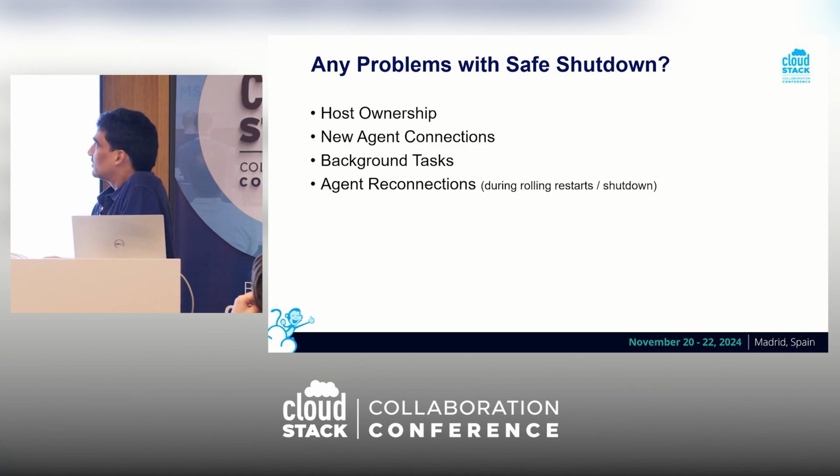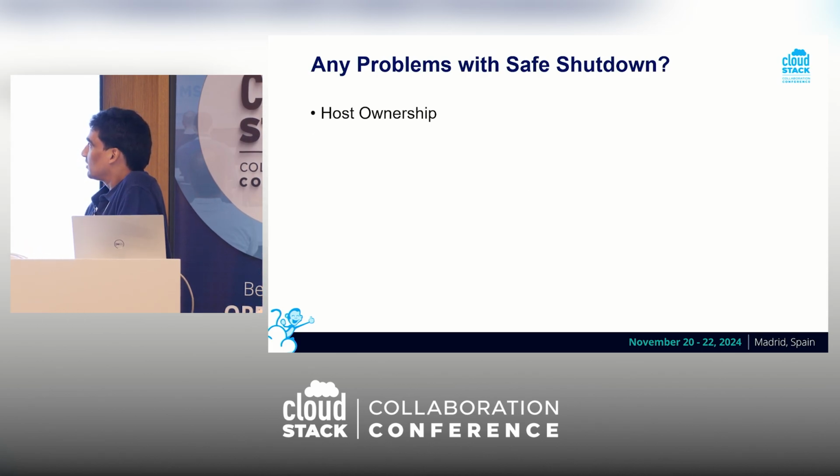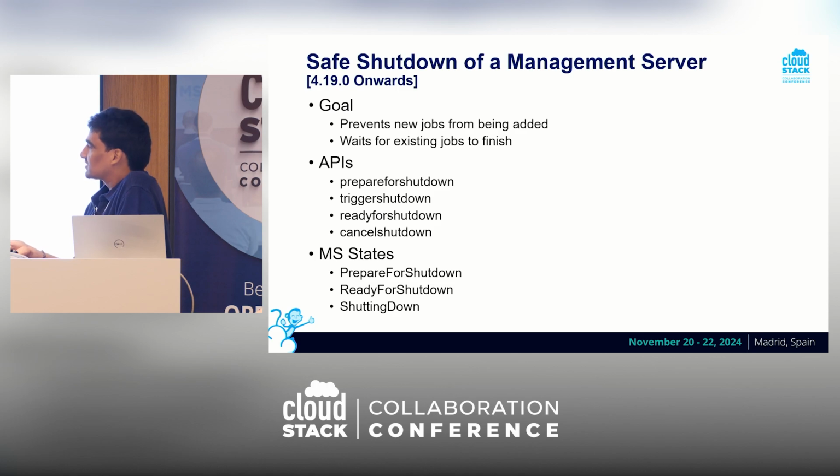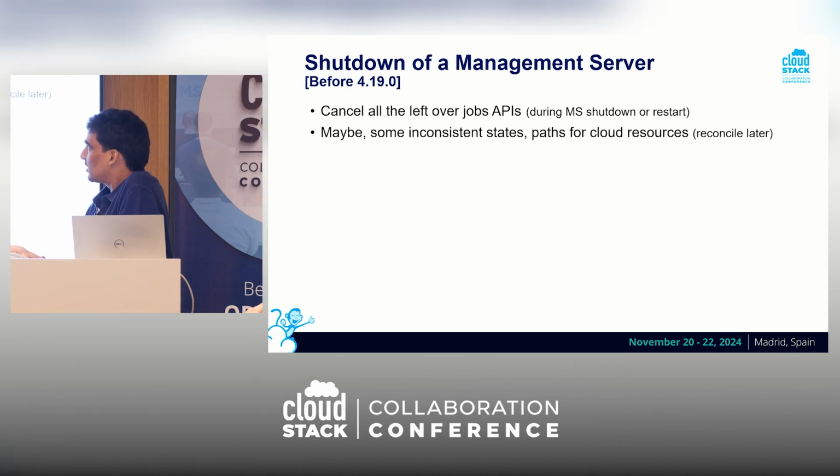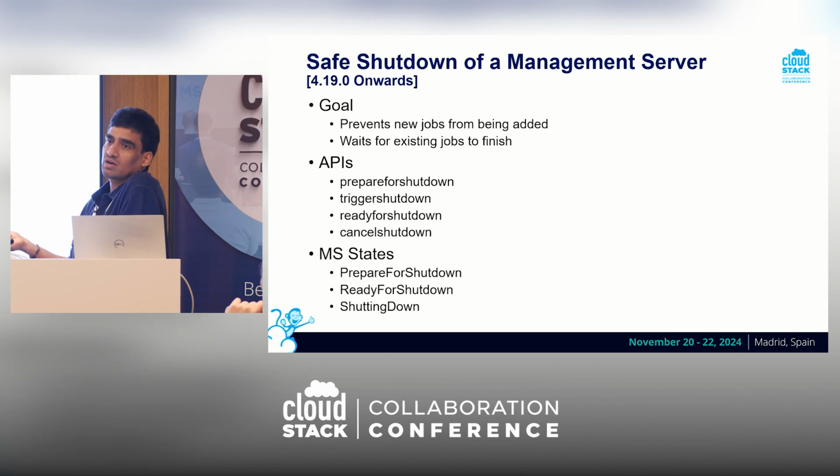When I was looking into safe shutdown, the two goals introduced here just stop new jobs from being introduced, whereas before this, it just cancelled all the pending jobs. So the only improvement is that instead of cancelling all the leftover jobs, it waits for them to finish and doesn't allow any new jobs.